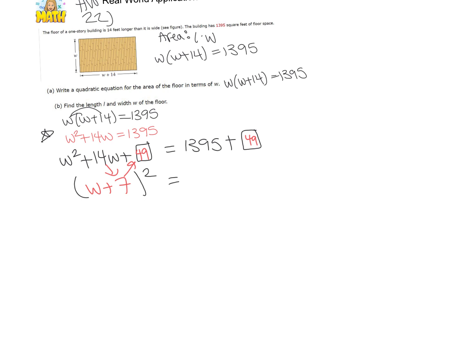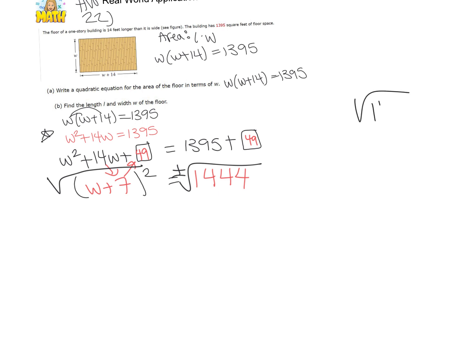And what we do to one side, we have to do to the other. So I end up with 1395 plus 49, which is 1,444. All right, now I can get ready to solve. I'm going to take the square root of both sides.